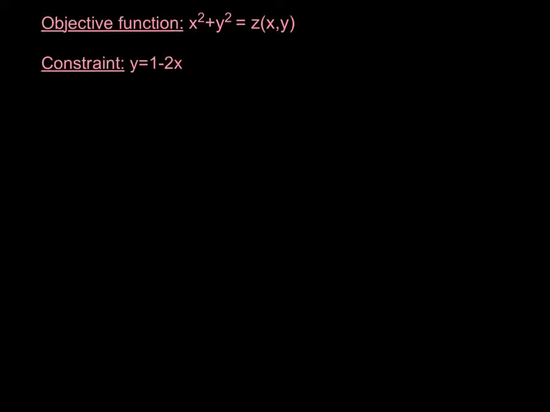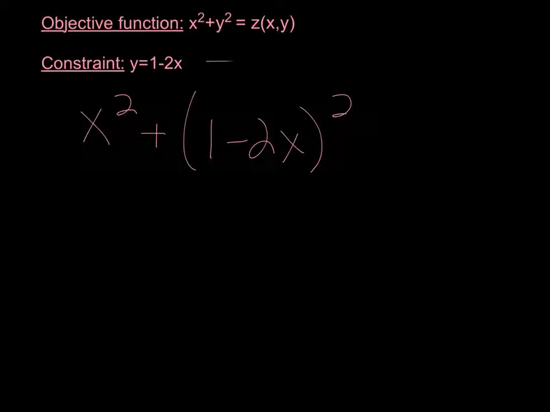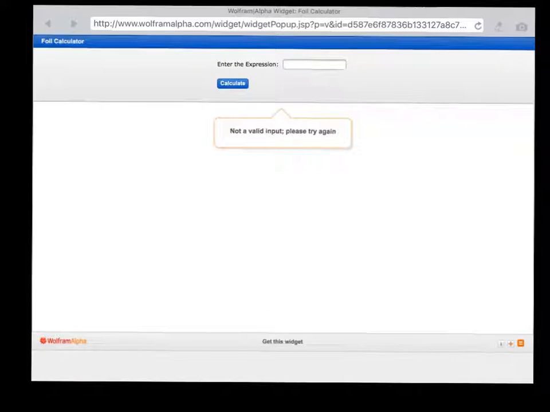Our equation is now in terms of x, so we can write x squared plus (1 minus 2x) squared, gotten from the constraint, equals z of, now it's just x. Let's FOIL (1 minus 2x) squared using the Wolfram Alpha FOIL calculator.